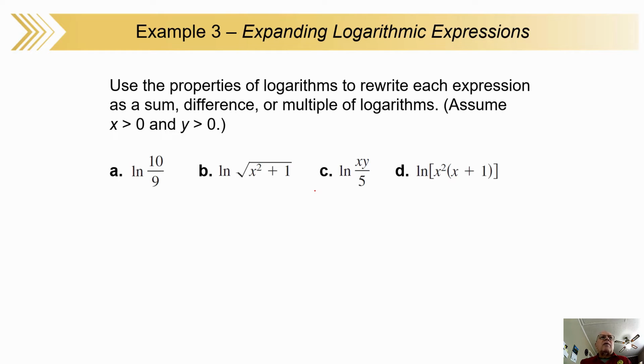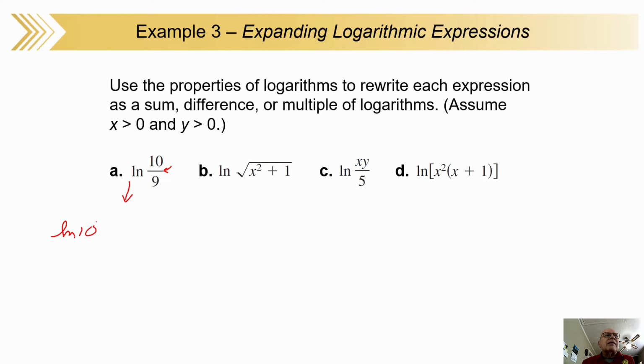Now I've got four examples here. And let's take the first one. Notice that we've got division, so we're going to be subtracting. So we'll have a natural logarithm of 10.